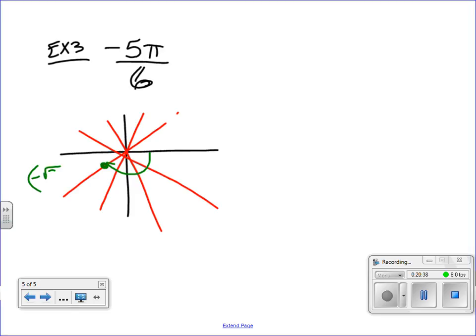Here we go. What about this one? Draw the angle. Let's see. Pi over 12. What? I saw that face.